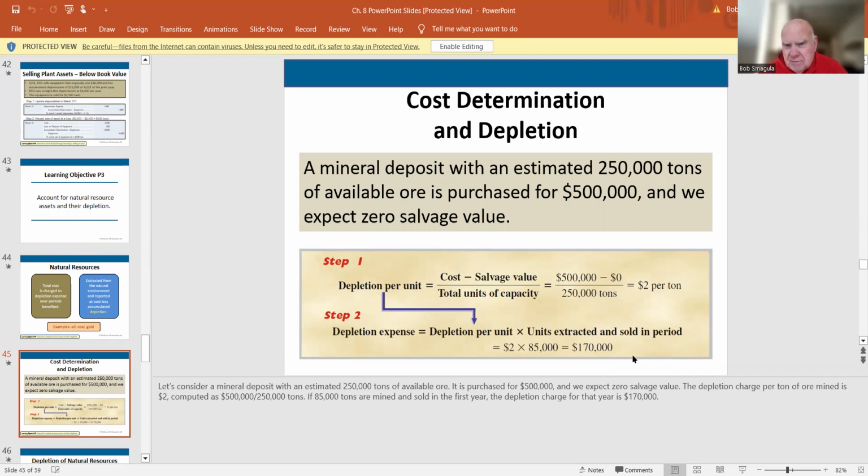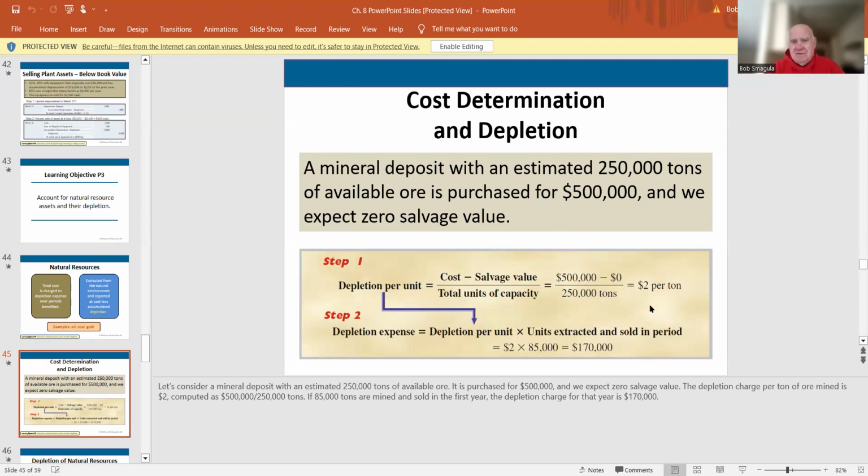Well, the first thing we have to do is figure out the depletion per unit. We paid $500,000. There's no salvage value, which makes it easy. So 500,000 divided by 250 is $2 per ton is going to be our depletion expense.